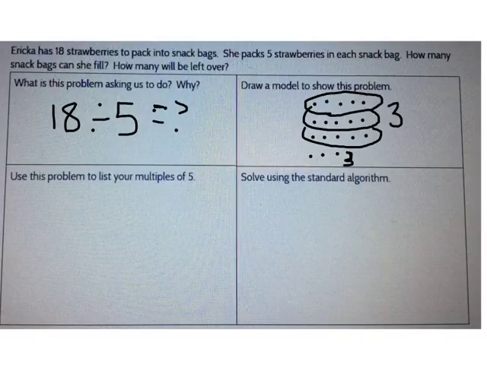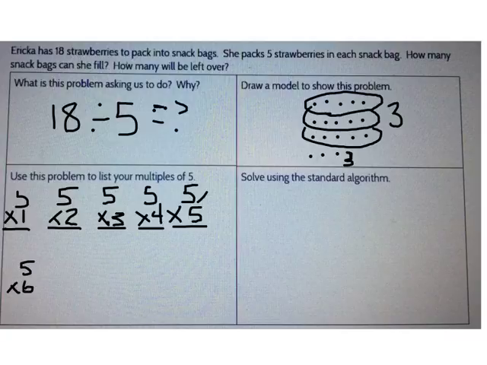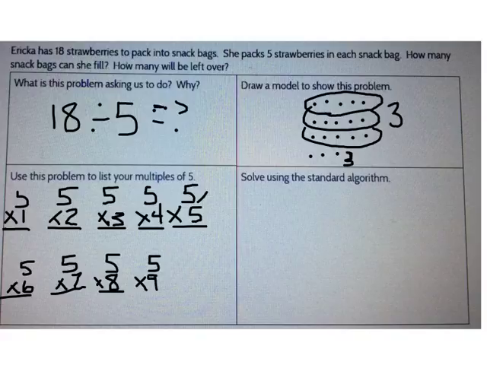First, let's list our multiples of 5. 5 times 1, 5 times 2, 5 times 3, 5 times 4, 5 times 5, 5 times 6, 5 times 7, and 5 times 8, and 5 times 9. Write those multiples of 5 down on your paper now and solve them.